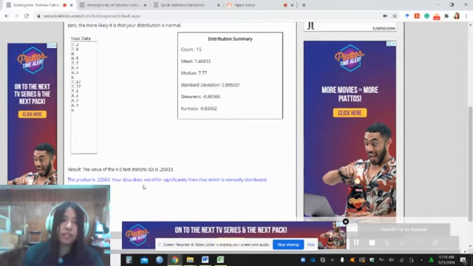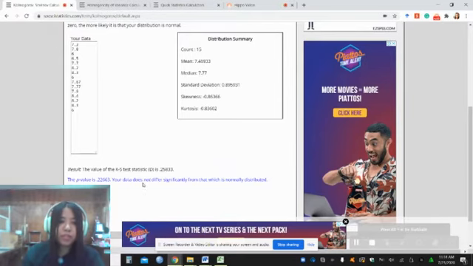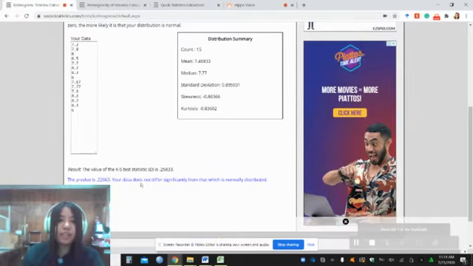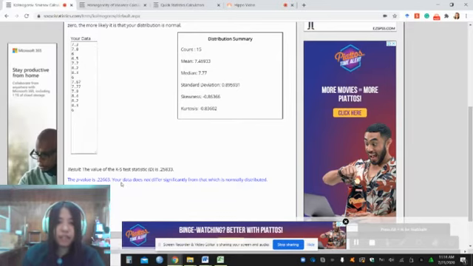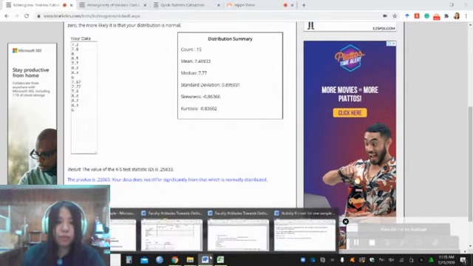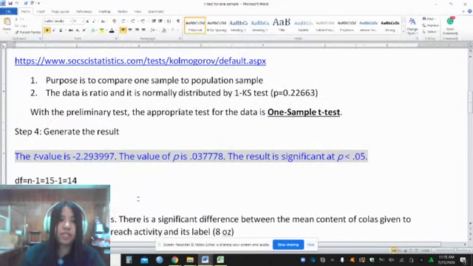The p-value is 0.22663, which means that the data does not differ significantly from a normal distribution. What we are trying to look at here is if the value is 0.05 and above, it means that the data is normally distributed. So this means that we can use t-test for one sample.